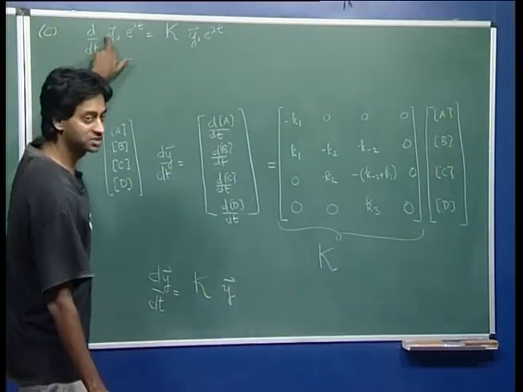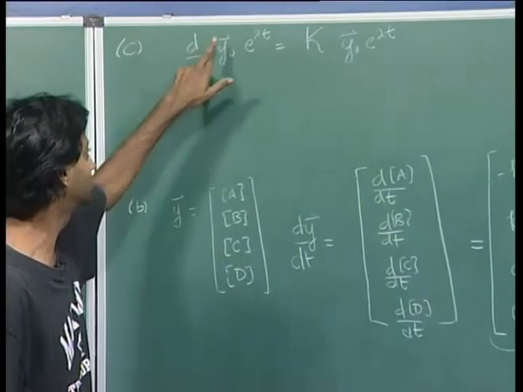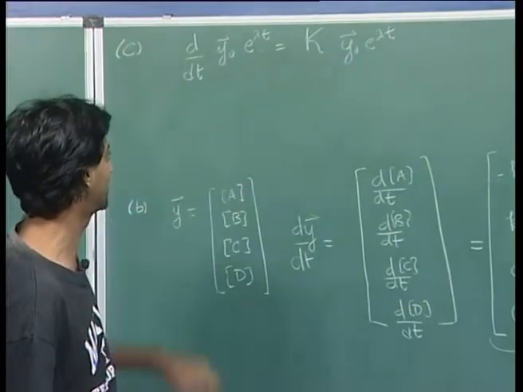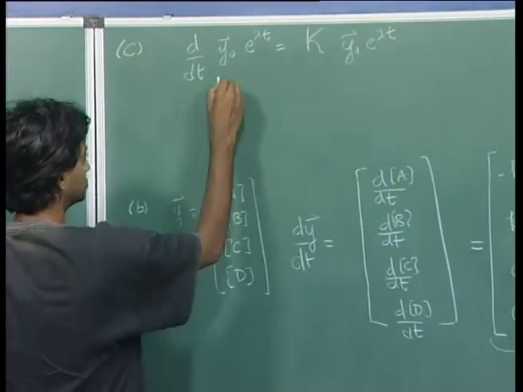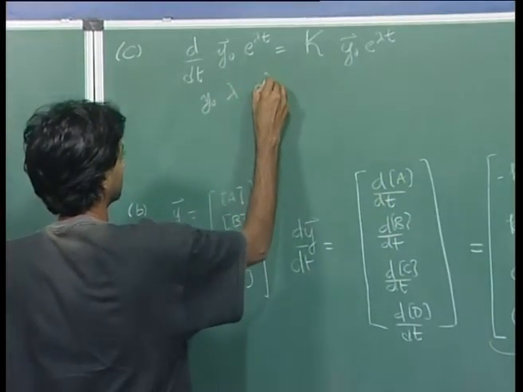Now, remember y0 is a vector, but it is independent of time, so it can go outside the derivative. Then what you are left with is d by dt of e raised to lambda t, which just gives me y0 lambda e raised to lambda t.